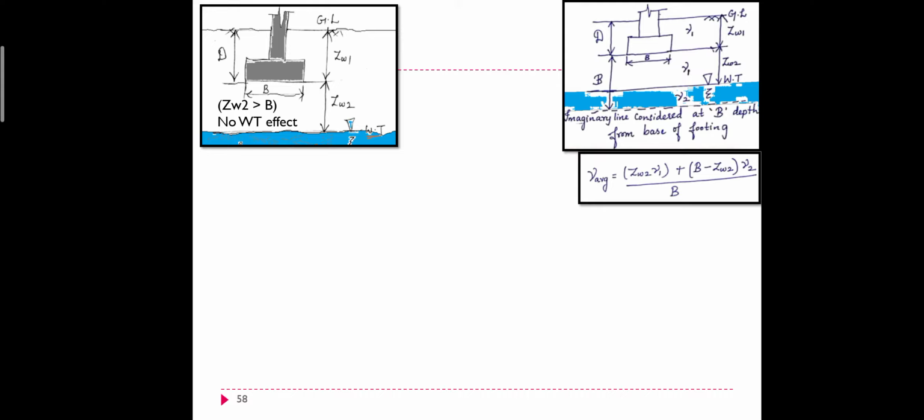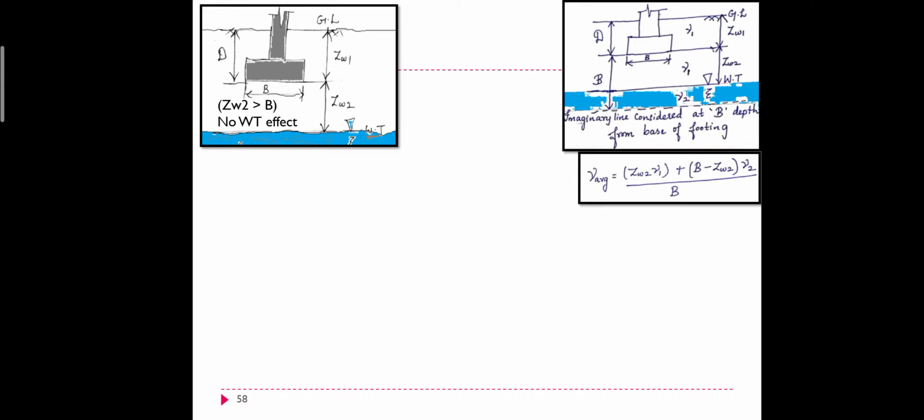So gamma 1 வந்து எவ்வளோ depth-னு நமக்கு தெரியும். எவ்வளோ depth gamma 1 இருக்கிறது, that is ZW2. You just remember this, gamma average கண்டுபிடிக்கணும். How to find gamma average, that you should remember in this case. எங்கே substitute பண்ணணும்னா I will tell later.